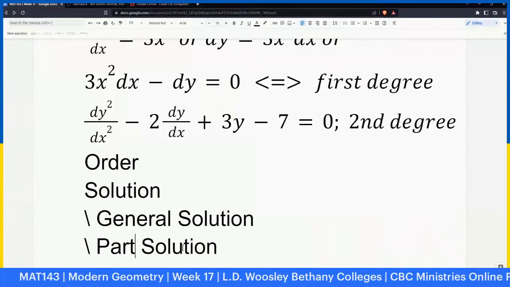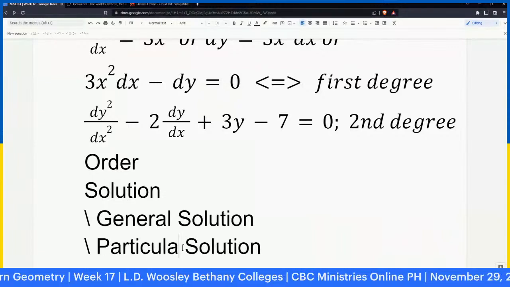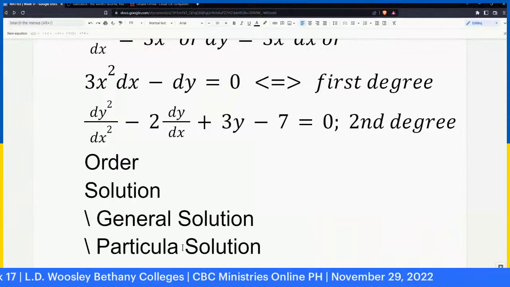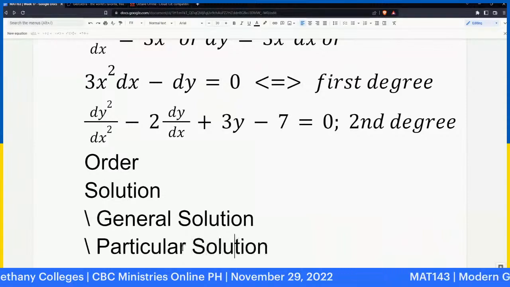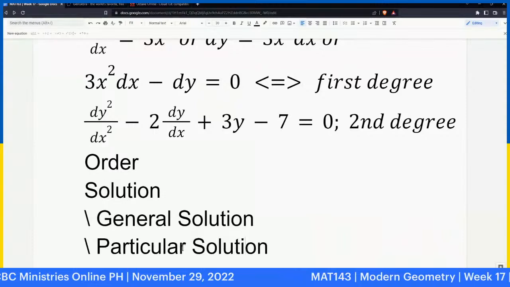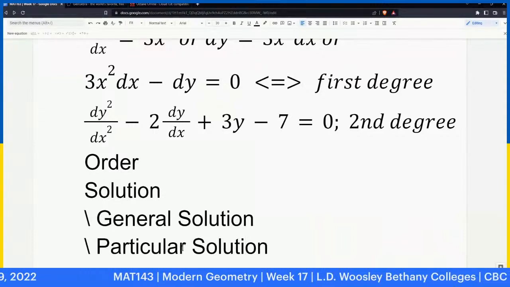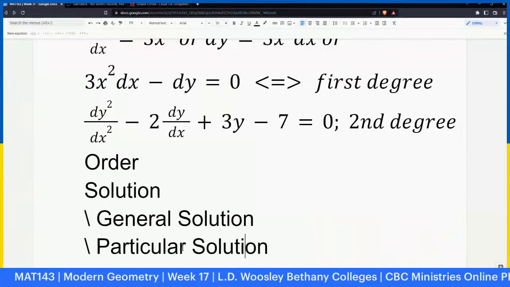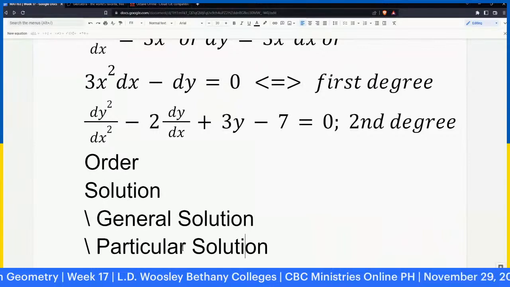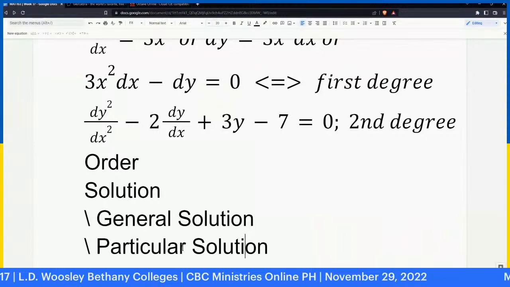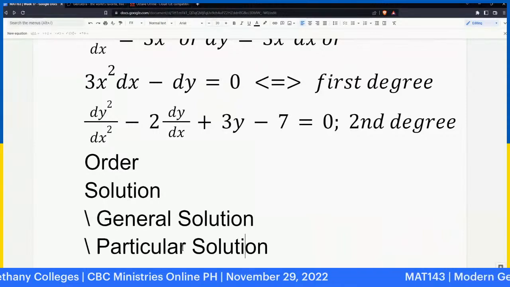With no parameters given, we could solve for the general solution. But for specific values of variables x and y, we could solve for a particular solution.